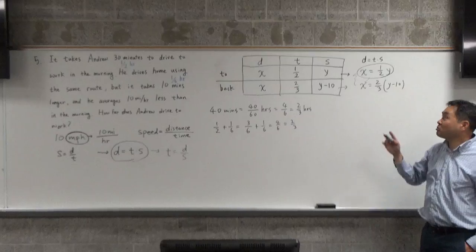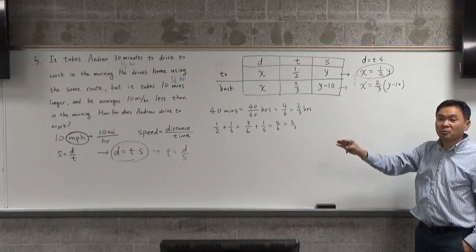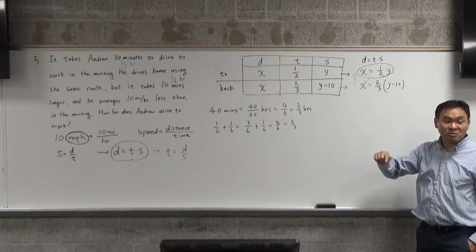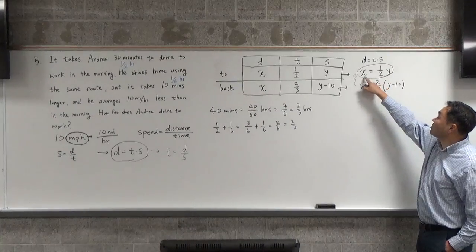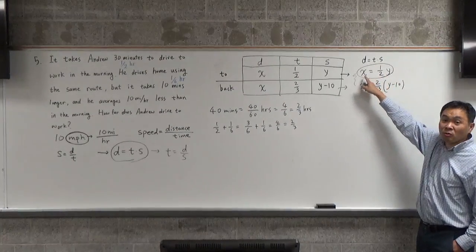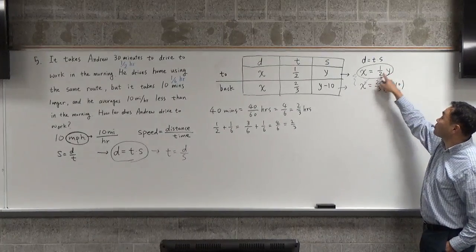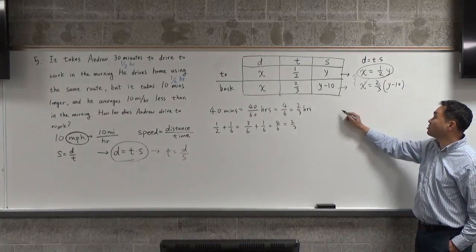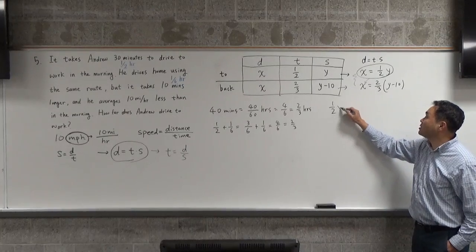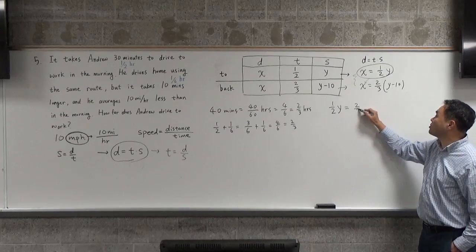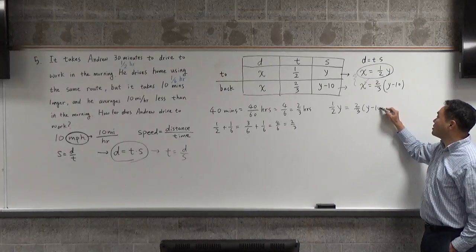Now, sometimes you can't, so you have to first solve for one variable, and then you plug into the next. But luckily for us, the first equation is already solved for x, right? So that means I can just replace this x by 1/2 y. Let's continue. 1/2 y is equal to 2/3 y minus 10.